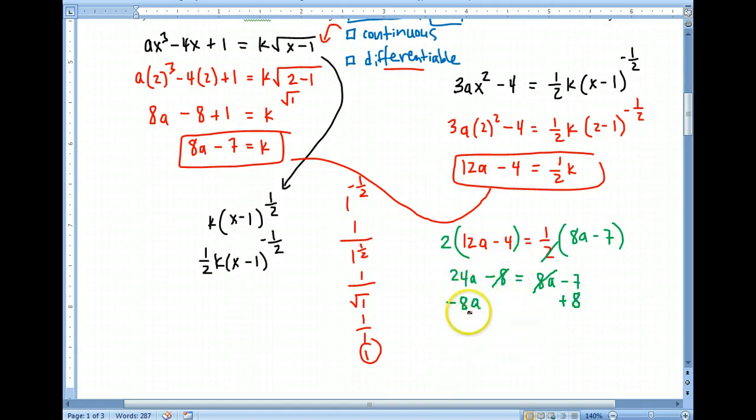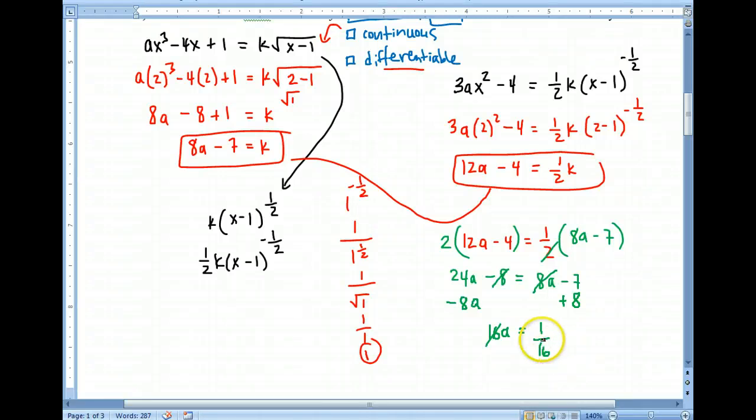So 24a minus 8a gives me 16a equals 1. So a equals 1/16. So that gives me the a value.